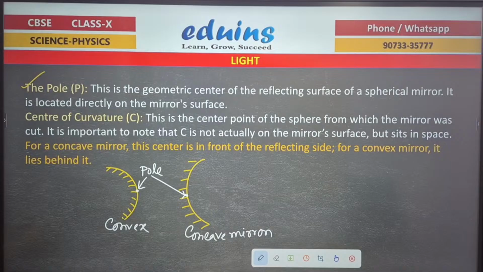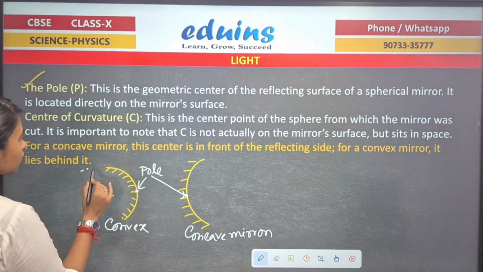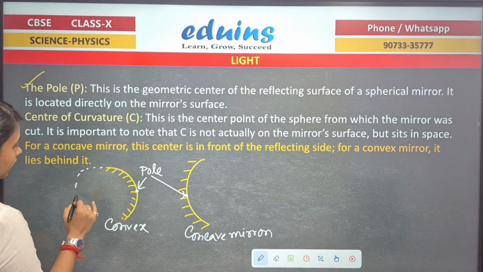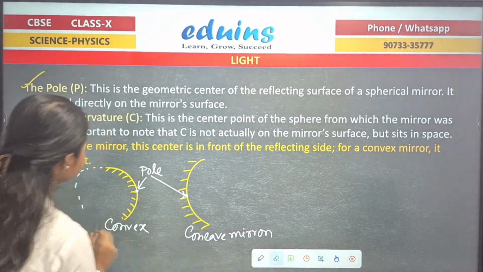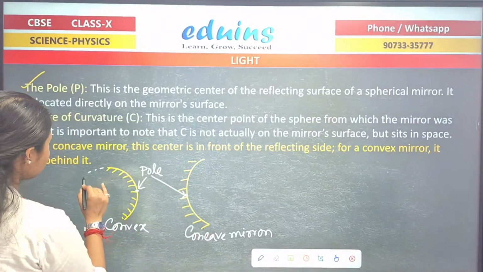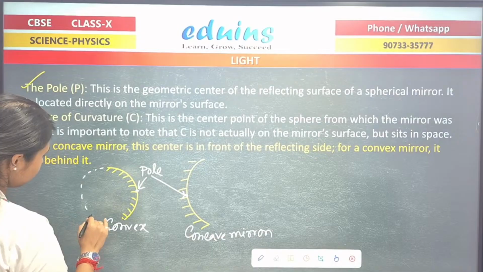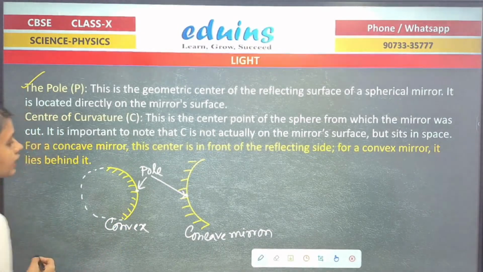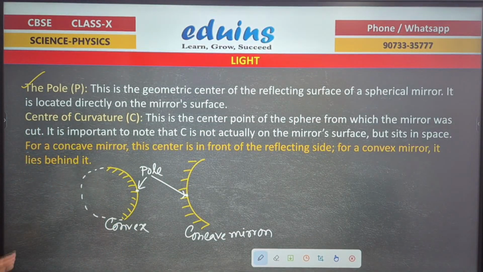Now, let us draw this at first. For the convex mirror, we have to draw the sphere from which it is cut. Let us assume that is the sphere from which the convex mirror is cut.